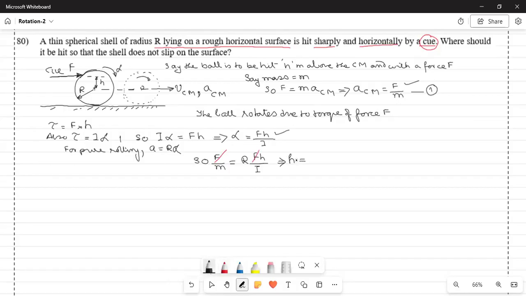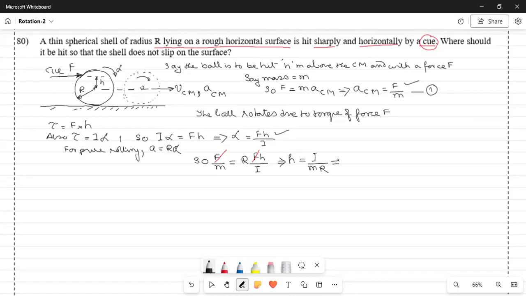So h is equal to I upon m R. So h is equal to I divided by m R. This is the value of h.